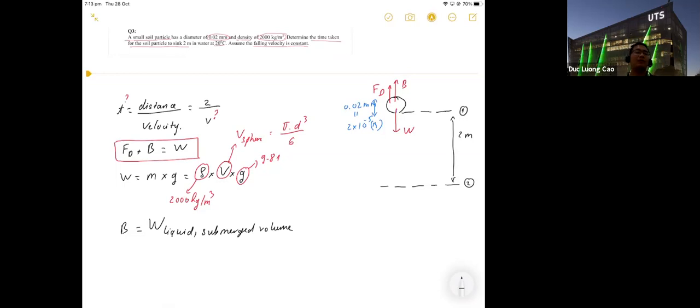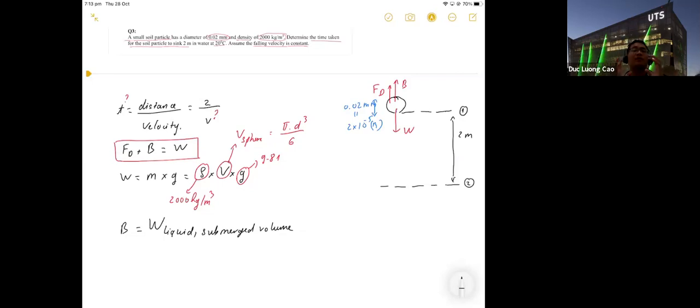The liquid in this case is water, and the submerged volume is the volume of the particle, because the whole particle is under the water surface.